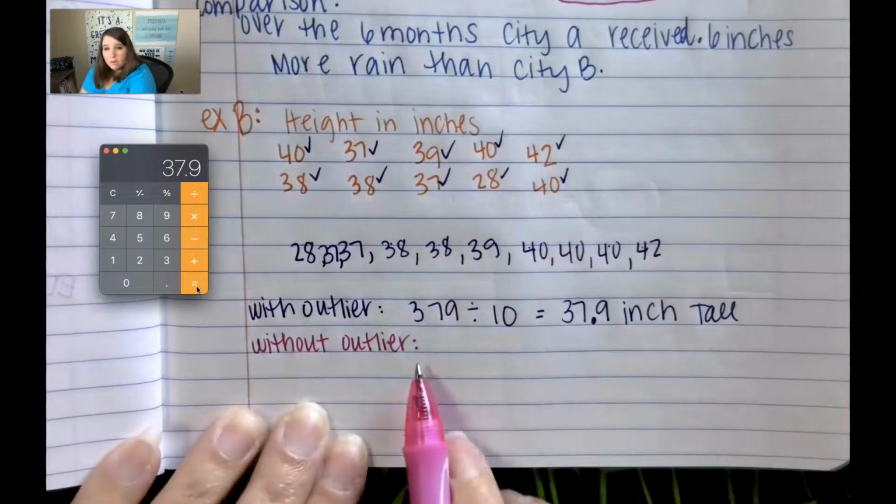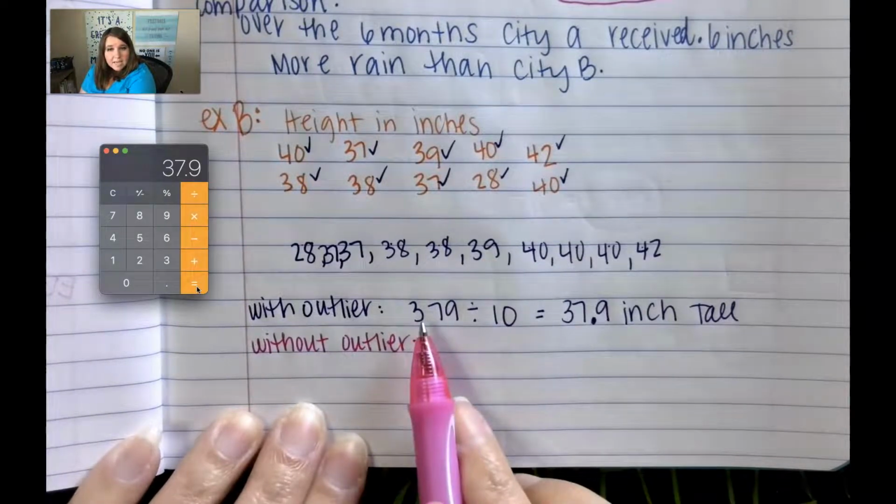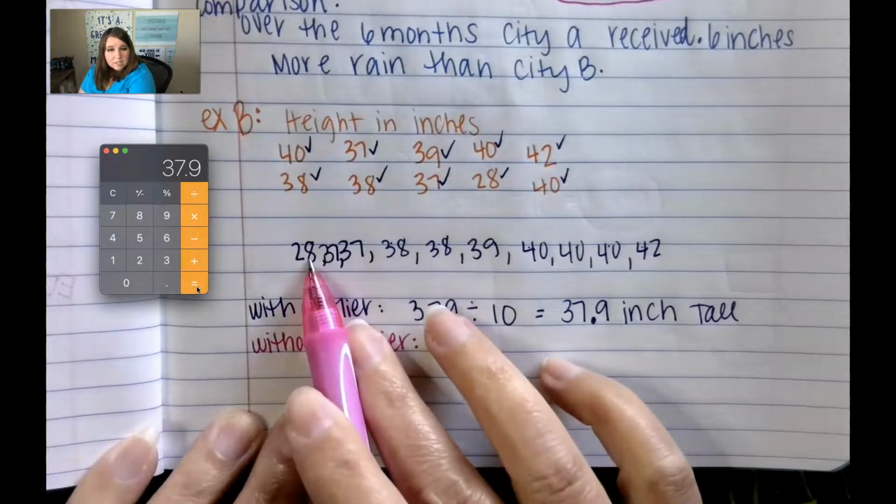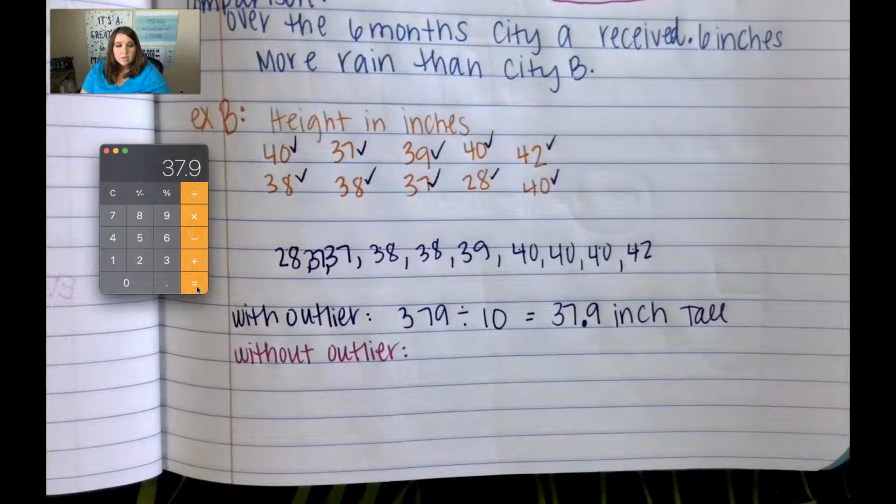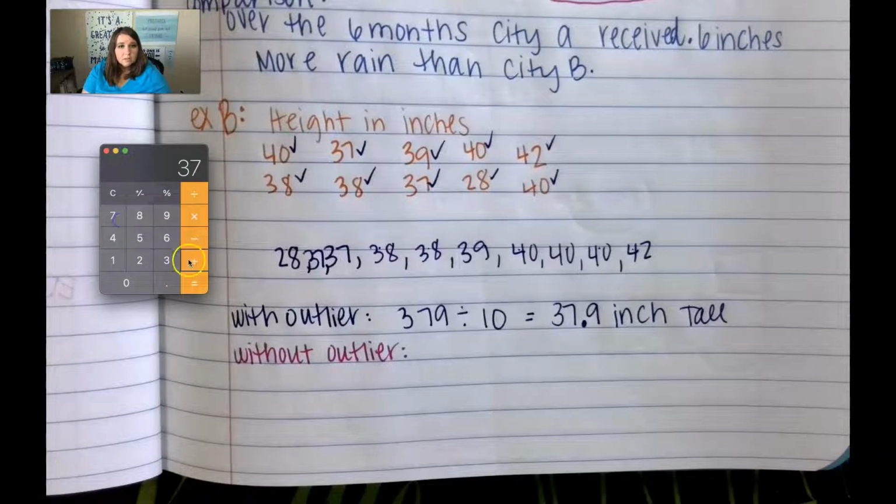So without the outlier now, we're going to just take this 379 and let's just get rid of this 28. So really, we're going to add up all these totals again. 37 plus 37 plus 38 plus 38 plus 39 plus 40 plus 40 plus 40 plus 42.